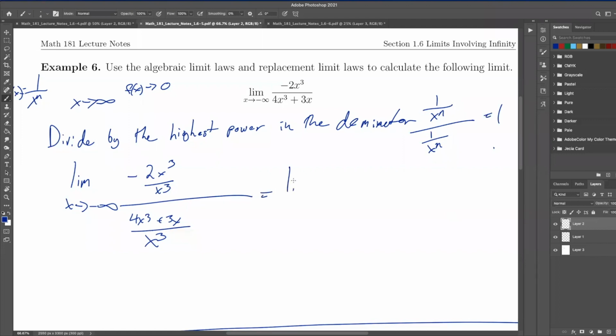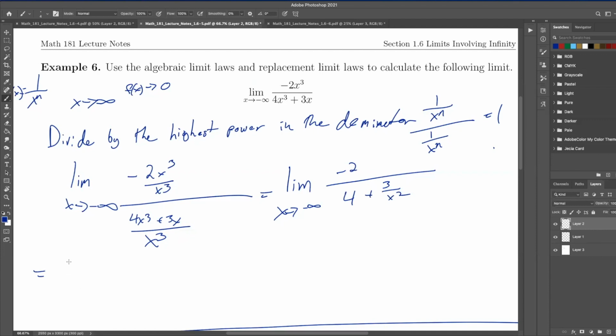This is the same. Here we'll just go ahead and do the limit as x goes to minus infinity of 1 minus 2. So this cancels out, and here you get 4 plus 3 over x squared. Now what happens? Well, we can go ahead and put the limit on the inside.